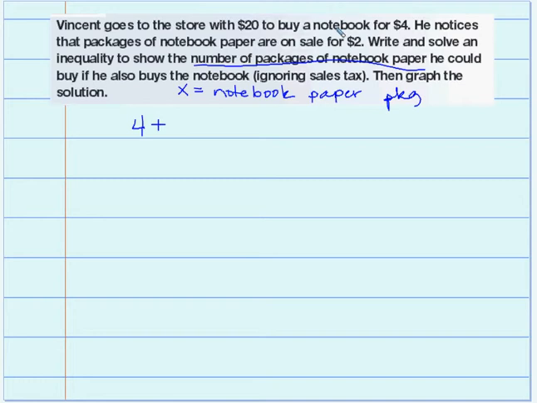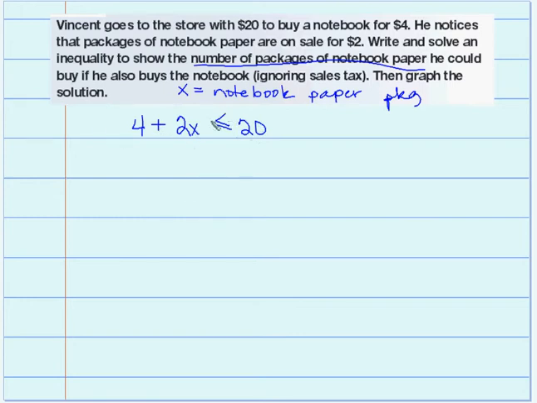We're going to spend $4 on a notebook, and then we're going to buy x number of packages of paper, and they are $2 a piece. So 2 times x, and I have $20, or Vincent does, it's not me. So he can spend up to and including that $20, right?